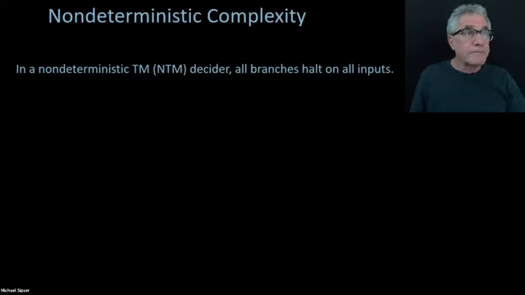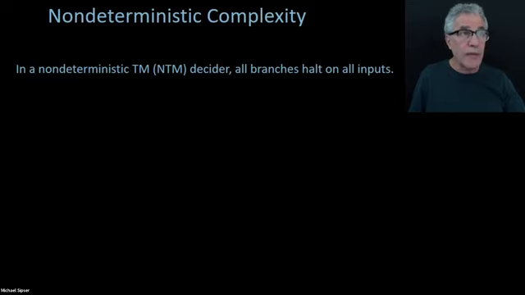Okay, so to start this off, we're going to have to talk about non-deterministic complexity as a variation of deterministic complexity. So first of all, all of the machines and languages in this part of the course are going to be decidable, and all the machines are going to be deciders.